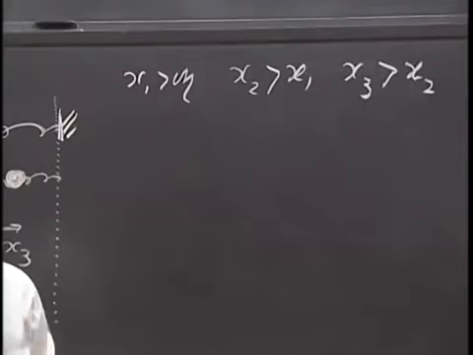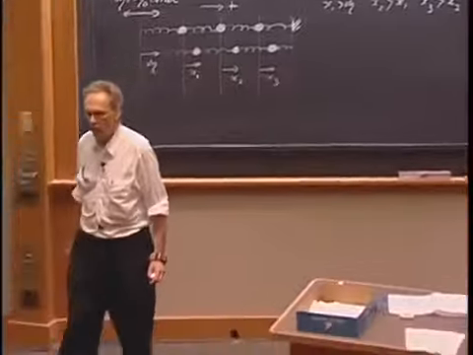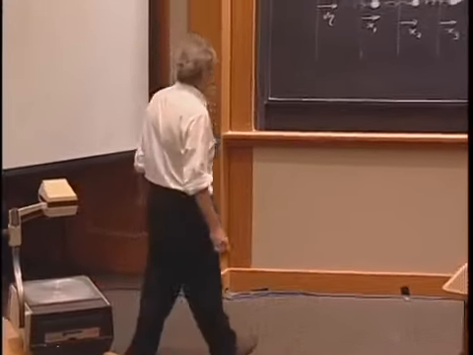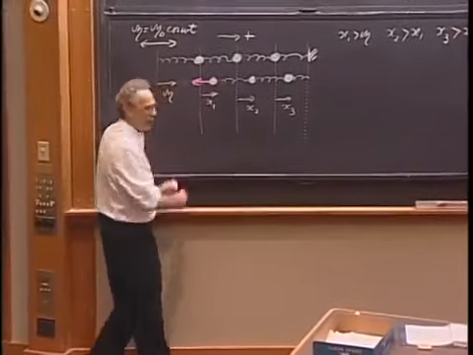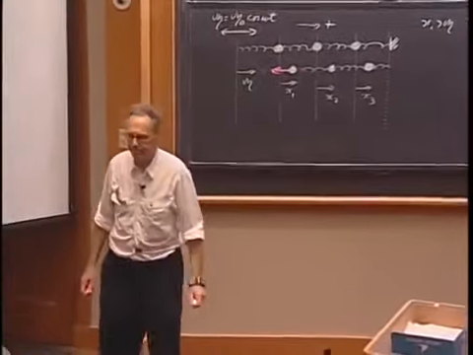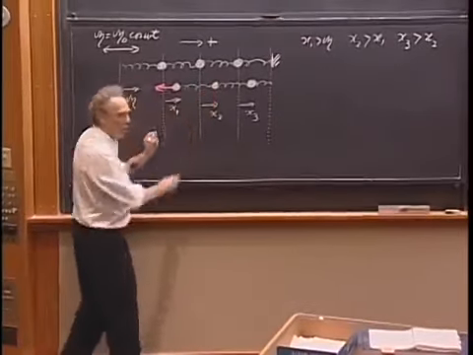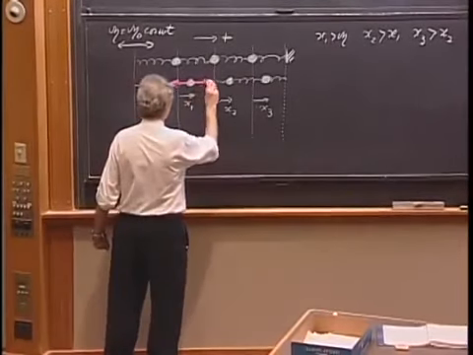If x1 is larger than eta, that first spring is longer than it wants to be, and so there will be a force in this direction, because this spring is longer than it wants to be. If x2 is larger than x1, this spring is also longer than it wants to be, so it will want to contract. So there is a force in this direction.